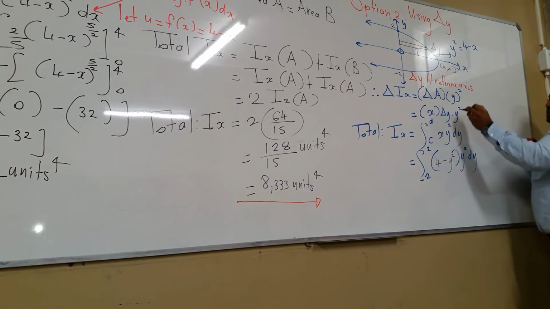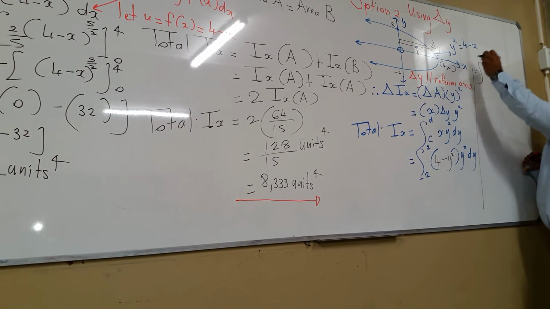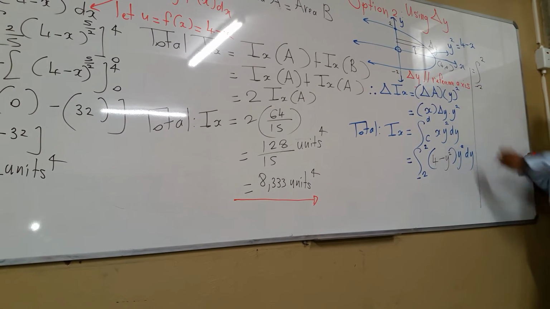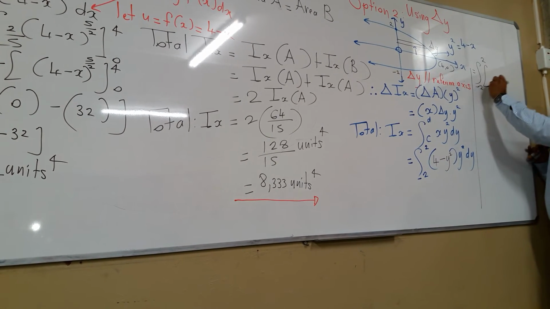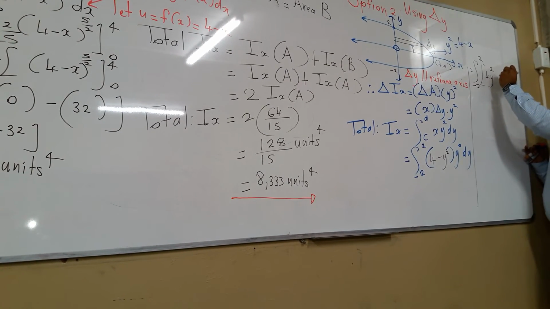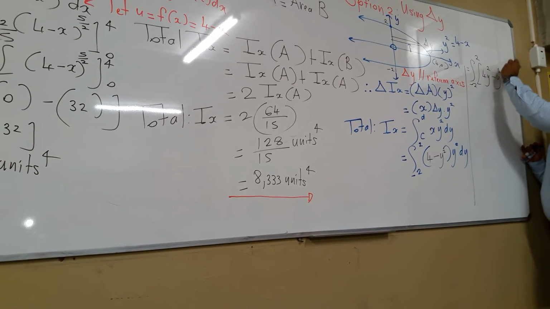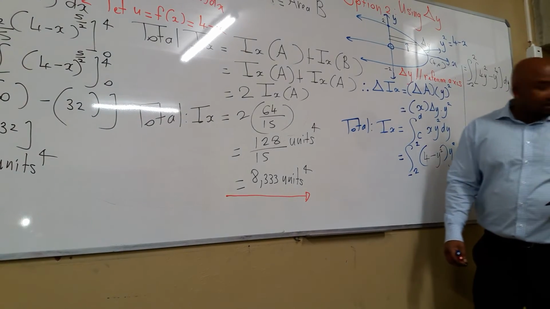So this will equal, here's your 2 and minus 2. Simplify first, that will be 4y squared minus y to the power 4. That's your dy. The integration here is, sorry, this was 8.533.